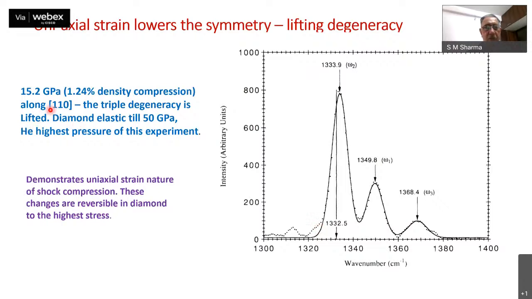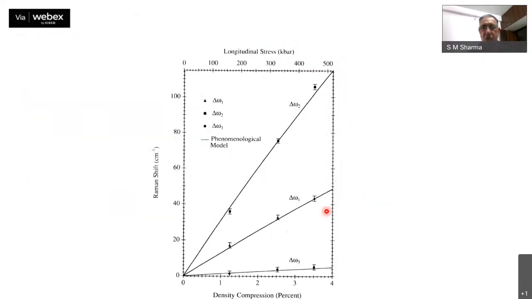But when you shock it along 110, that cubic symmetry is lost, so this peak splits into three. You can track these three peaks as a function of stress or uniaxial strain and see that they do not converge into one. If it was hydrostatic compression, all of these would converge into one.